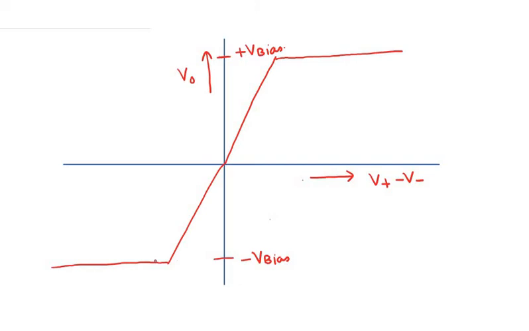And this range between plus V bias and minus V bias defines our range of variation of the output voltage. So the output of the op-amp can be given by this equation, V0 is equal to AOD times V plus minus V minus, of course in this range.